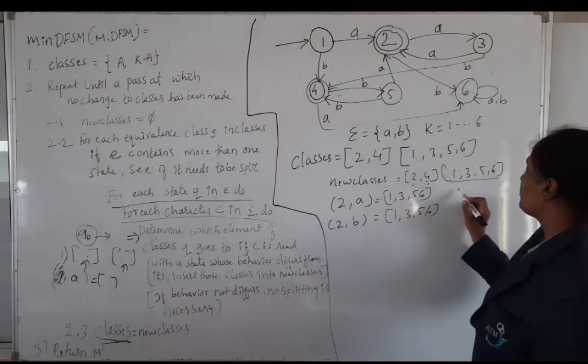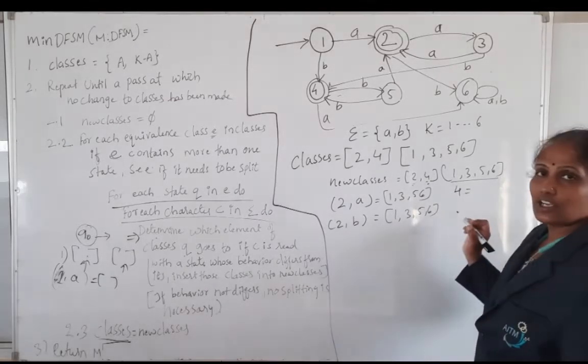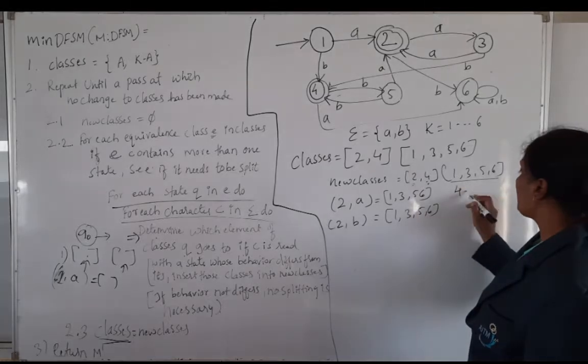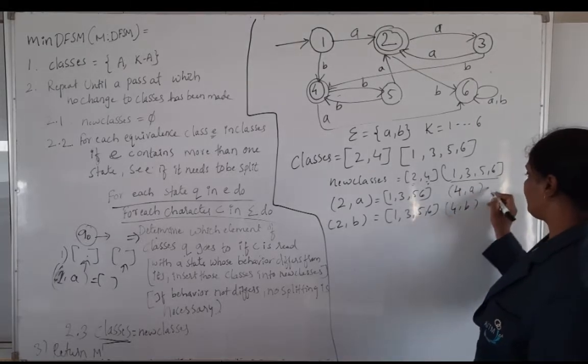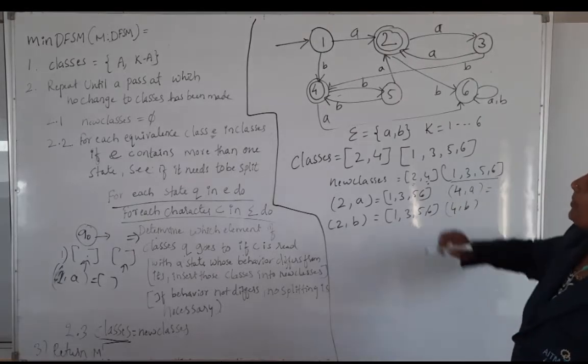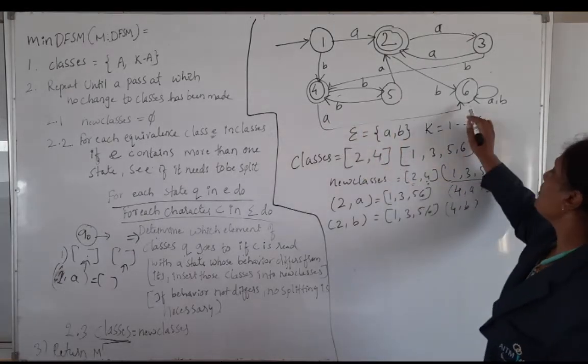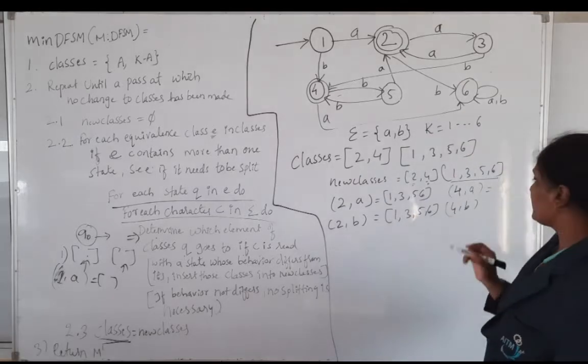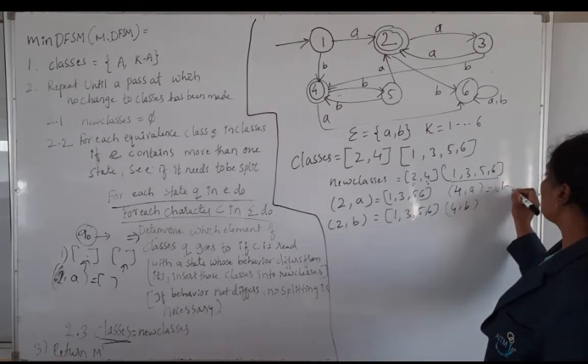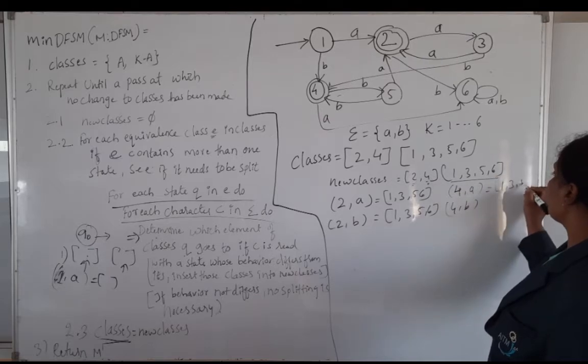Next, check the 4th state also. 4 of A and 4 of B. After accepting A from the 4th state, I reach the 6th state. 6 is a member of this group, so I will write 1, 3, 5, 6.